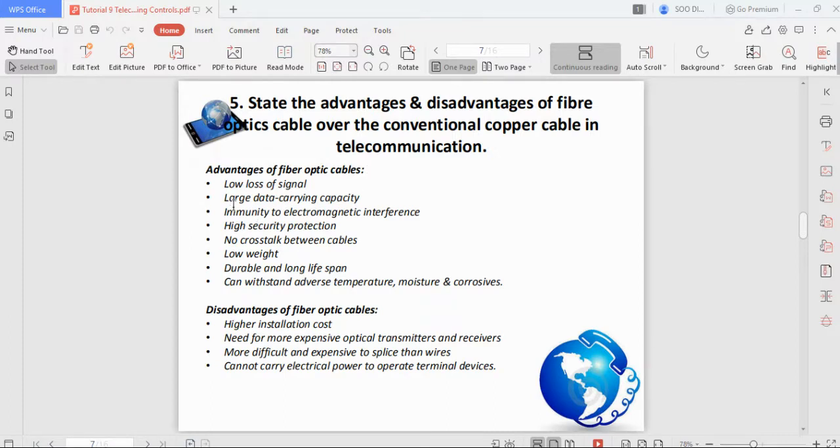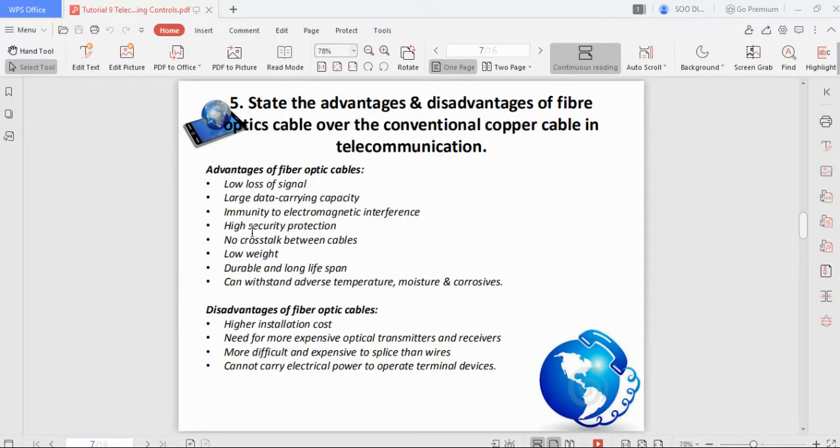And also we are able to transfer large data, and because the transferring medium is not electricity, there's no interference due to electromagnetic field, and there's also high security because fiber optic is a new technology, so it's not easily hacked.